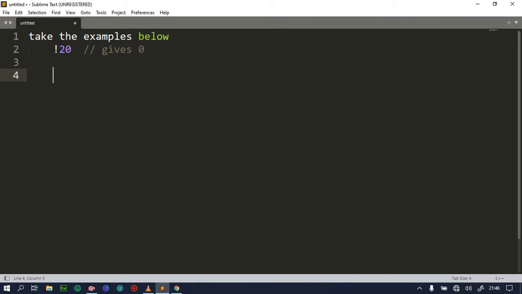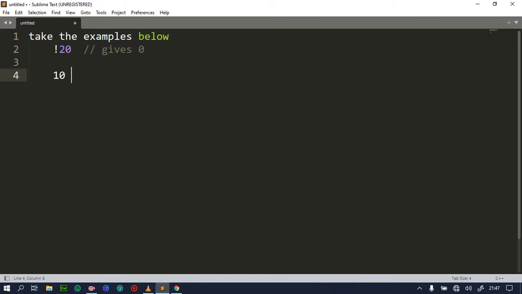Why does it give a 0? We are asking, it's a form of querying, is it not 20? Then of course if it's not 20, then it's some other number. So this means it will give a false, because the negation operator, like the logical operators, defies what is already in existence.